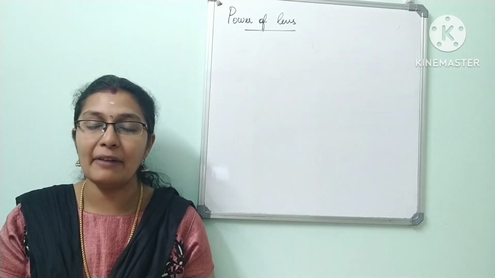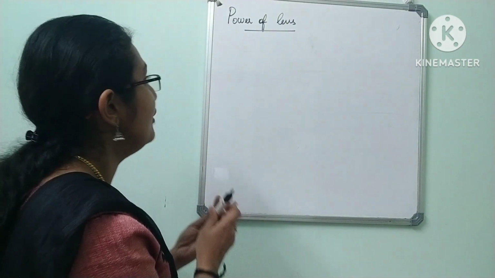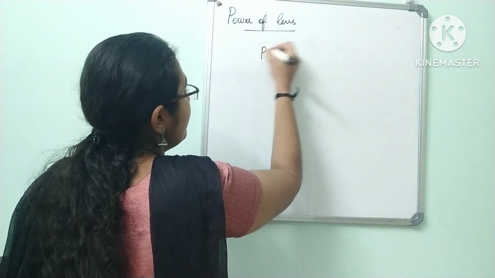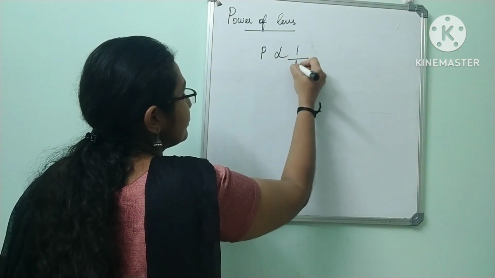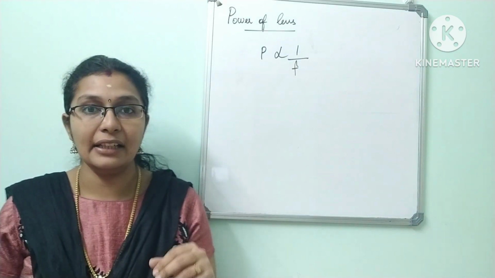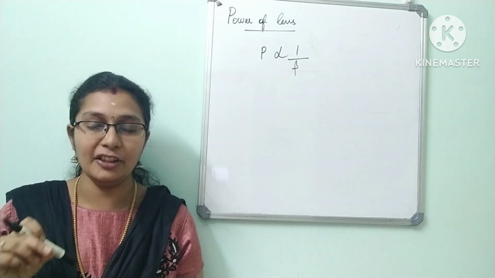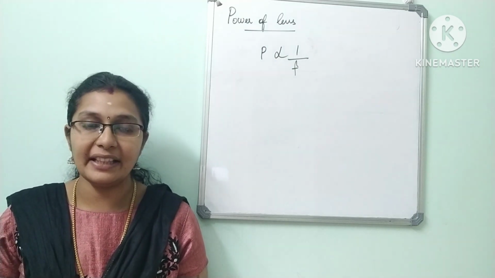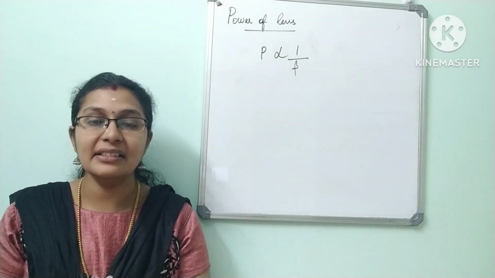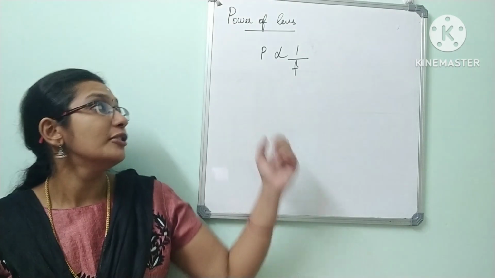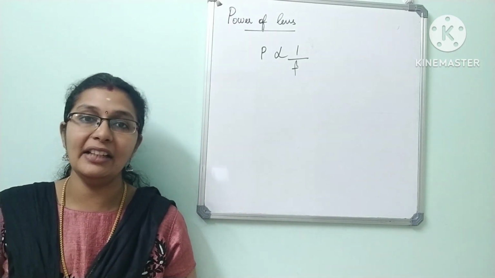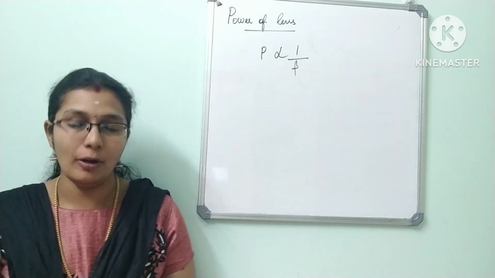So we will represent power of lens as inversely proportional to focal length. You understand? In a convex lens, it converges and brings light to a point near the optic center, whereas in a concave lens, it diverges. Correct? So based on focal length, we can decide the power of a lens.